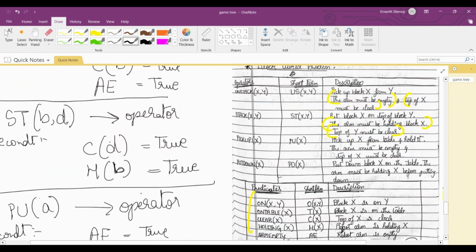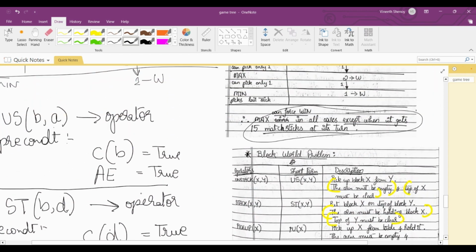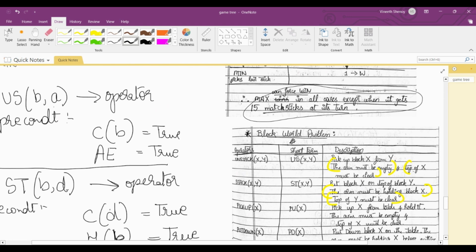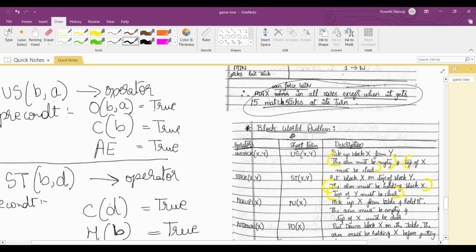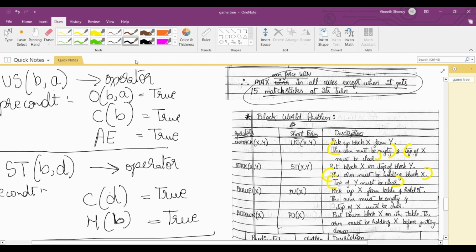One more thing, in these unstack and stack operations, there is one more precondition. Since we are picking up B which is on top of A, we can write ON(B, A). Even this should be true, because only if block B is on top of A, you can pick it up. It's not mentioned in this table over here, but that's a necessary condition.